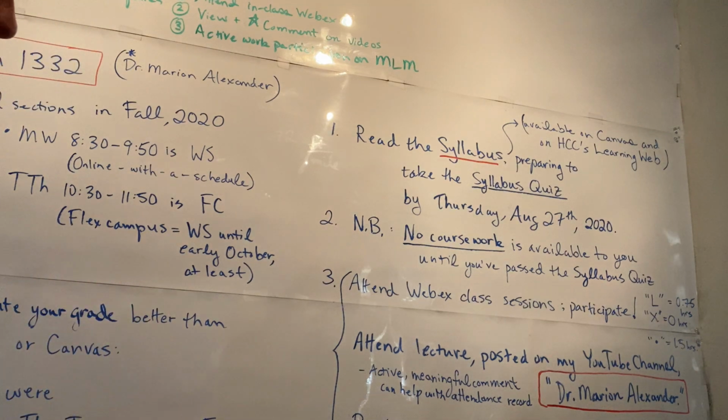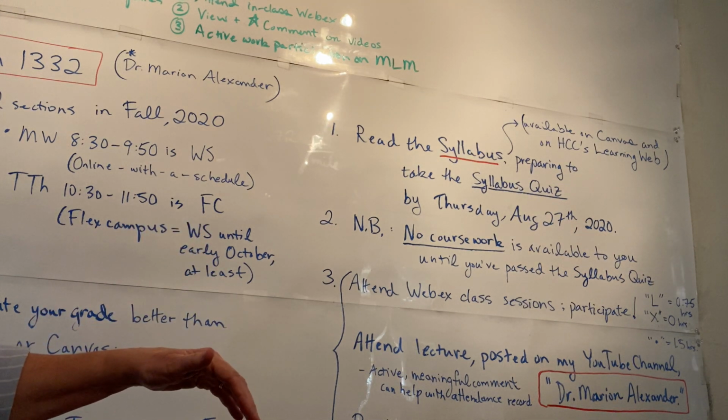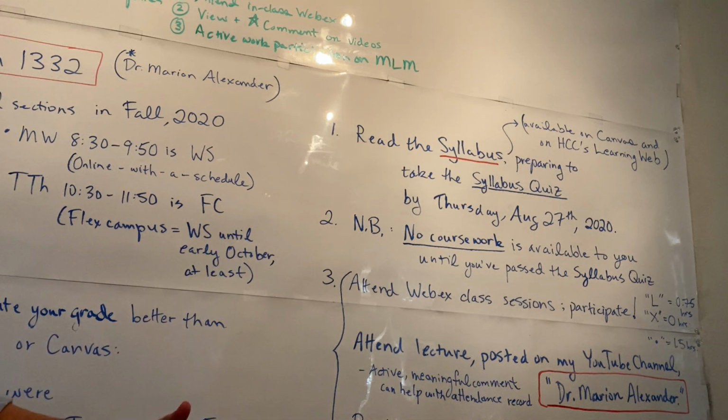I need you to comment meaningfully, ask meaningful questions, to show that you are participating as a student in this course. If you're there and active, you get a 1.5 contact hour added to your attendance record.